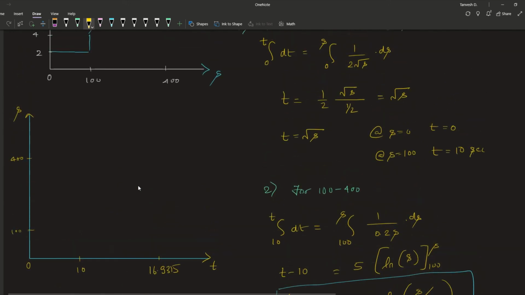So if you plot this, you will get a curve of something like this. Here we are getting 10, right? It's actually an inward type of curve. This is not a straight line, it's an inward type of curve that you would be getting for your displacement time curve.